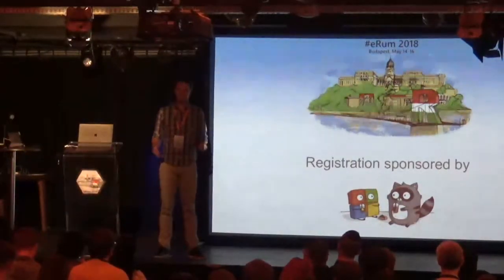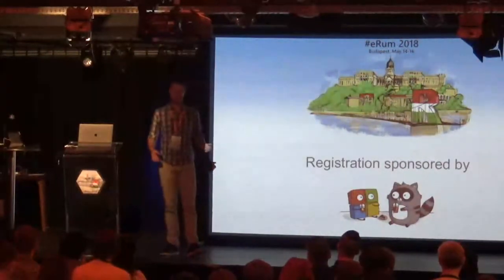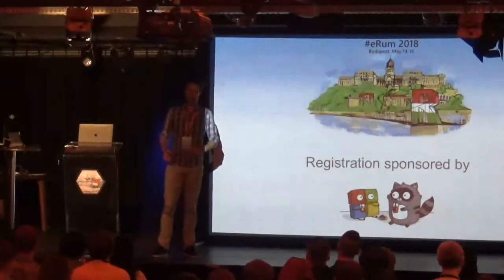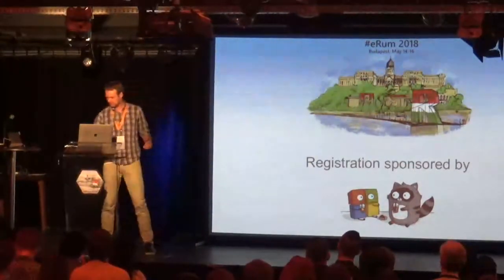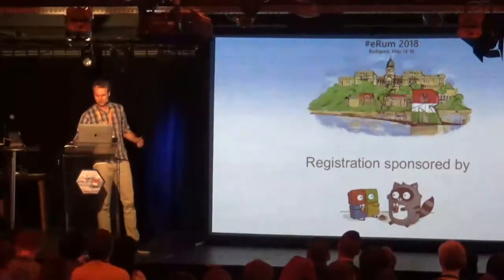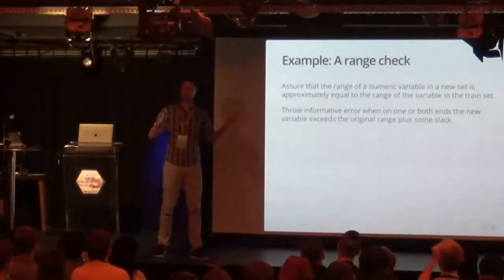I'm still thinking about it, and still reading about outliers. The other example here, I'm already switched off, I'm afraid, so I'm the only one seeing this now. Okay, so actually the other example is a range check.